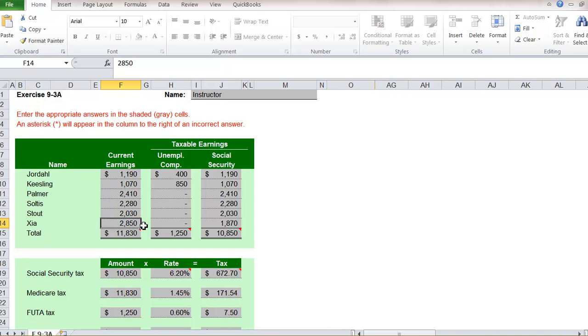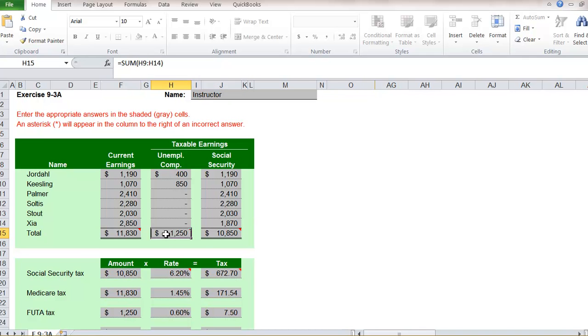So we're going to take the $110,100 maximum minus what the book has of $108,230 as her cumulative pay, and that's where this $1,870 comes from. So even though her paycheck today is $2,850, only $1,870 of it is subject to Social Security tax.